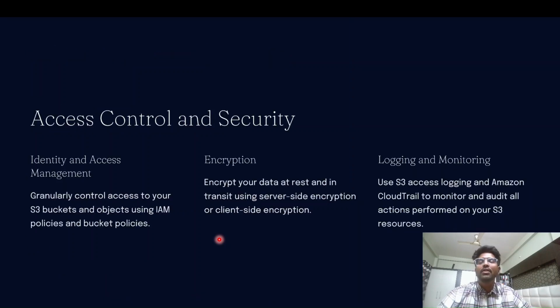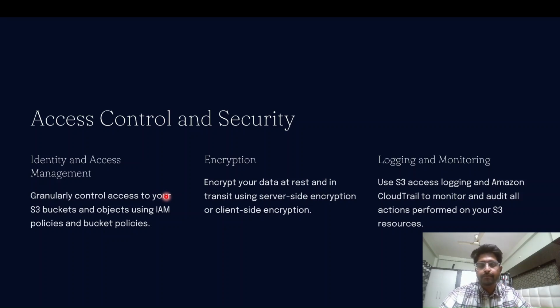The next feature would be access control and security. The feature of identity and access management is also provided by S3. We can granularly control access to S3 buckets using the IAM policies and the bucket policies provided by S3.